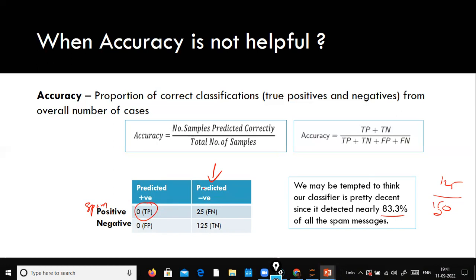In that case, if I use accuracy, it will completely mislead everyone, because your model says, hey, 83% accuracy, I achieved it. What is the point in saying 83% when your model can't even pick up one single record as a spam email? Actually, you have 25 spam emails. In that kind of situation, you cannot use accuracy.